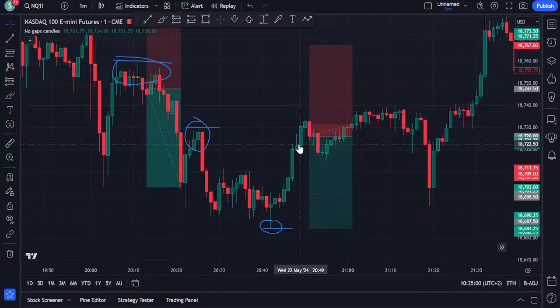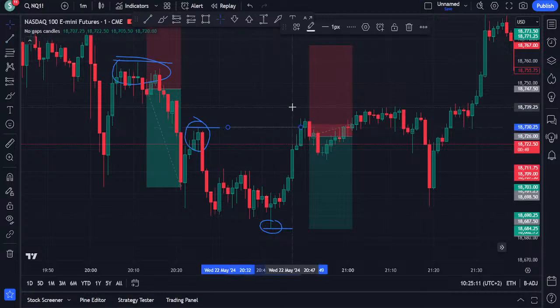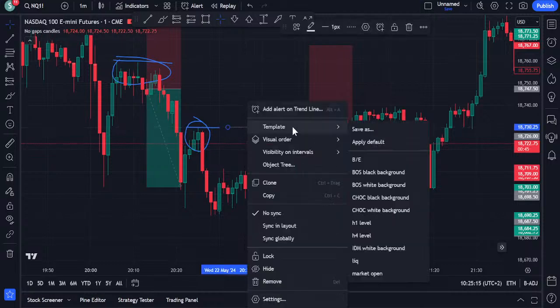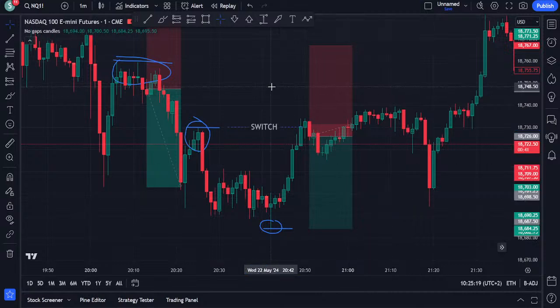Now look what happens. This level here, I'm just gonna draw from here to make it not super crazy. Right, you see, this level is black background. We switch the power to up, right?